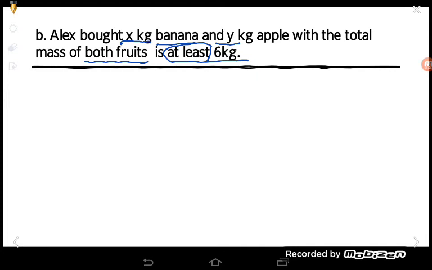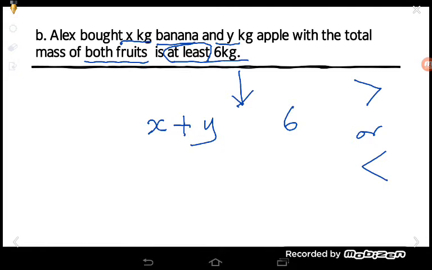So the total mass, how do you write the linear inequality? X plus Y, this one 6. So what do you put here? At least. Can it be more than 6 or less than 6?